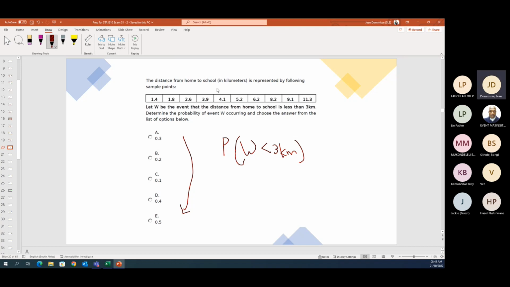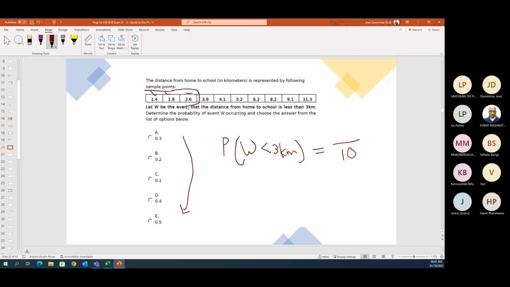Okay, so if you look at it, let's first see how many points there are. 1, 2, 3, 4, 5, 6, 7, 8, 9, 10. Okay. So how many of these are less than 3 kilometers?